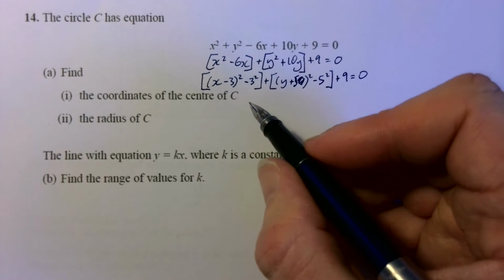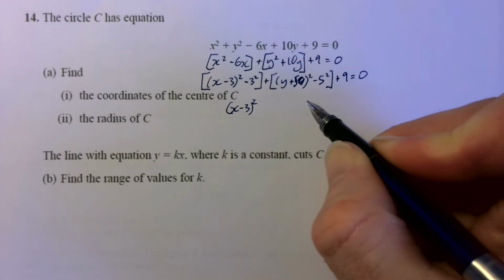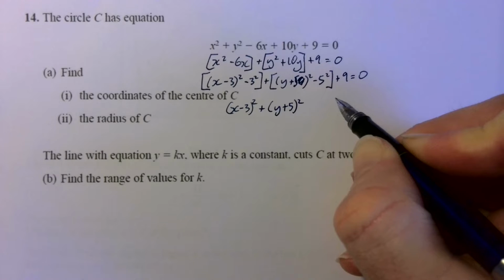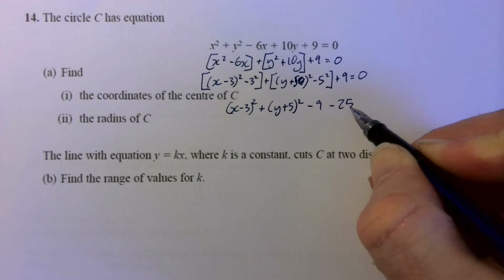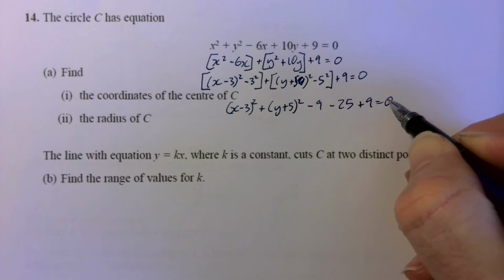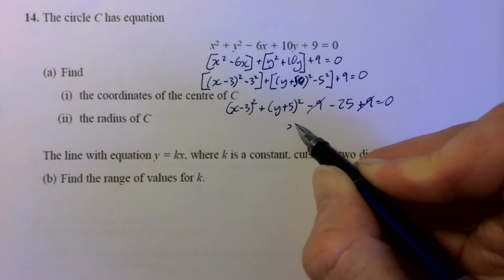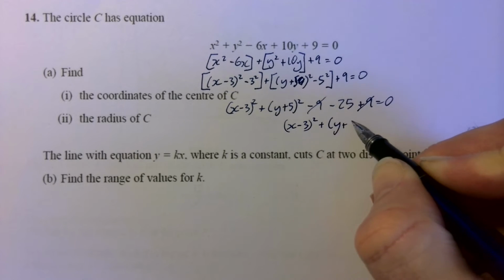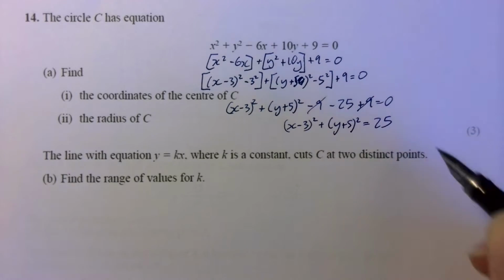Now I'm going to clean this all up a bit, so I've got x take 3 squared. I've got y plus 5 squared. I'm going to have take 9, I'm going to have take 25, and I'm going to have plus 9. They are going to cancel out, so then you're left with x minus 3 squared plus y plus 5 squared equals 25.